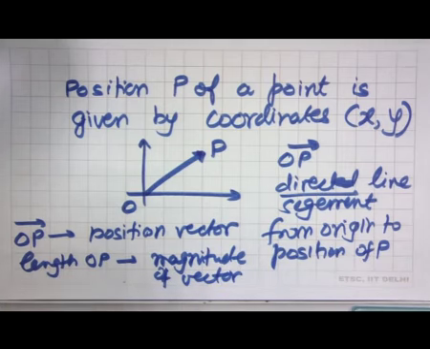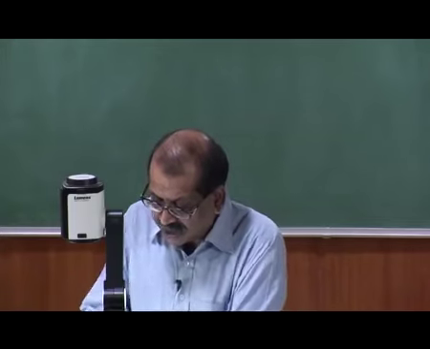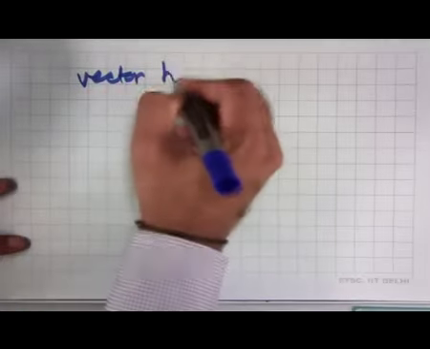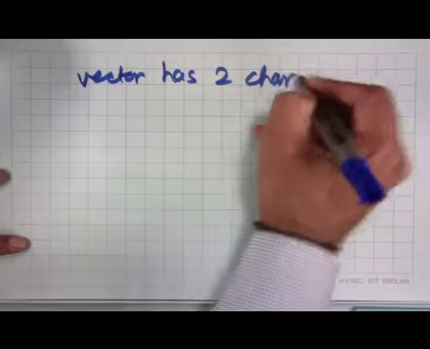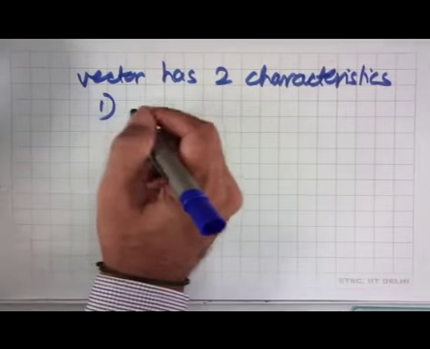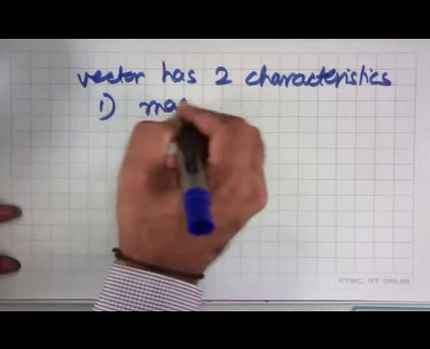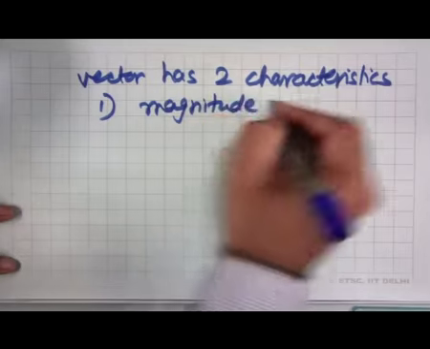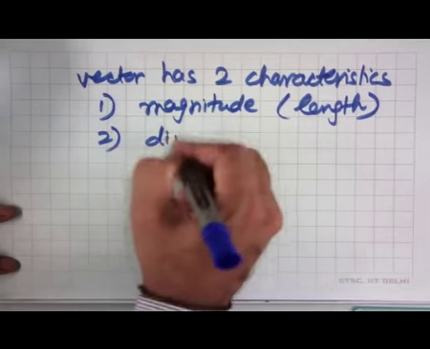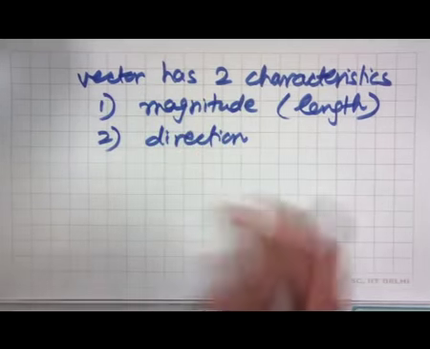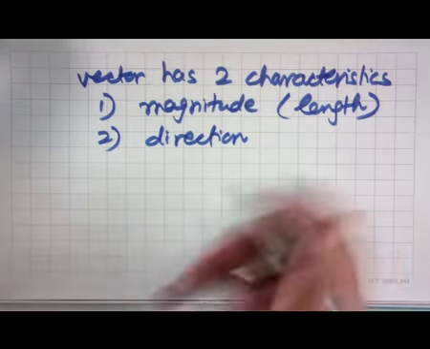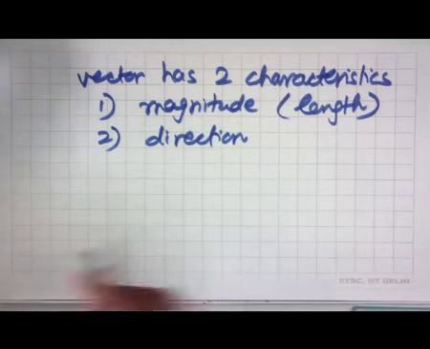Therefore, you can think of a vector as a quantity which has two characteristics: one is the magnitude, which in case of a position vector is the length, and the second is the direction. Together, both of these define a vector, and we can uniquely define a position vector with these quantities.